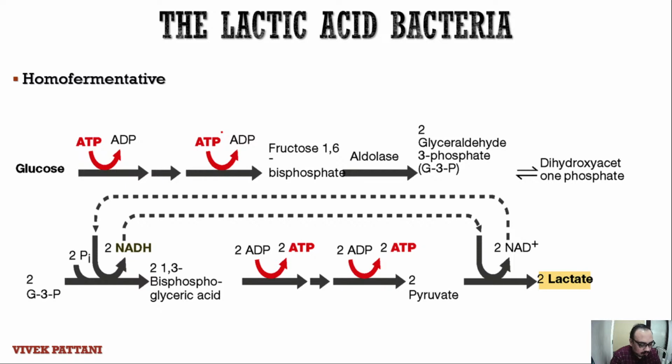Homofermentative lactobacilli produce, as I told you, 80 to 90% lactate, in which they metabolize glucose via the fructose bisphosphate pathway, or more specifically glycolysis, and finally pyruvate is converted into lactate.